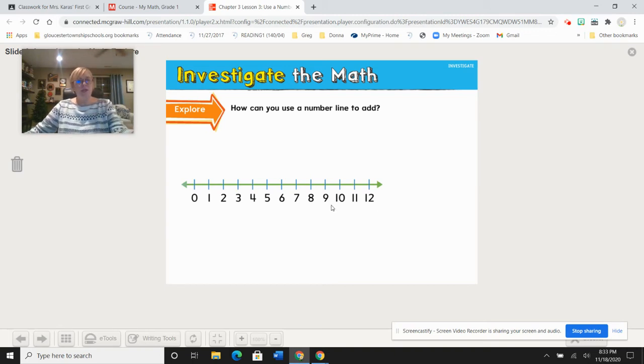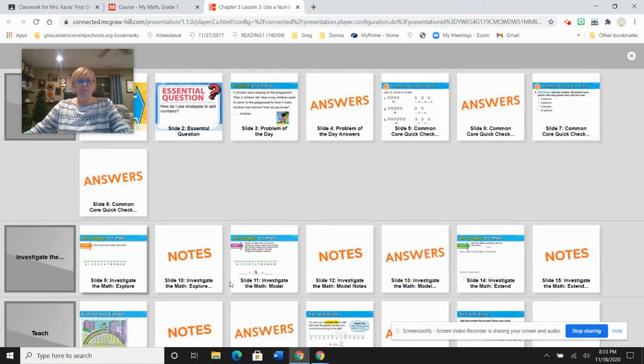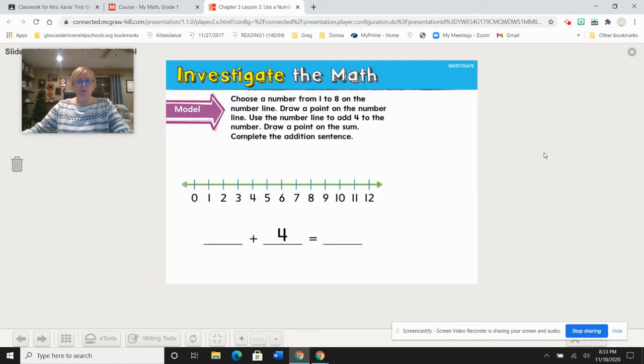How do you think this could help? I think it could help because, well, when we add, we're counting, and these numbers are in counting order. So I think they could help us count along to add. Okay, so let's check this one.